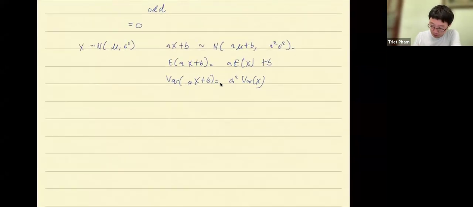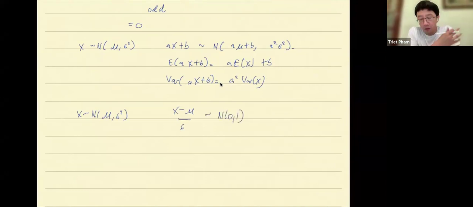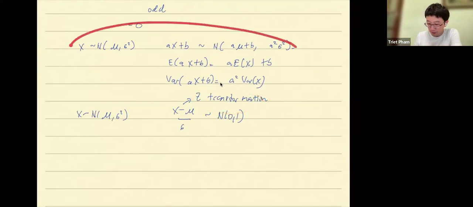In other words, if x is a normal like this, then x minus mu over sigma is a standard normal. That's of course called a Z transformation, if you will, but it's just a fancy name for this rule.